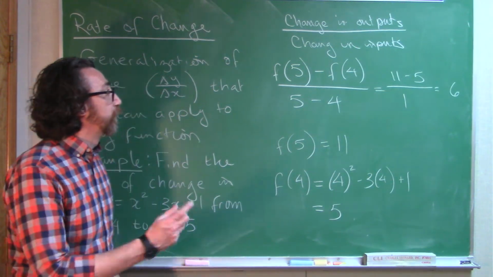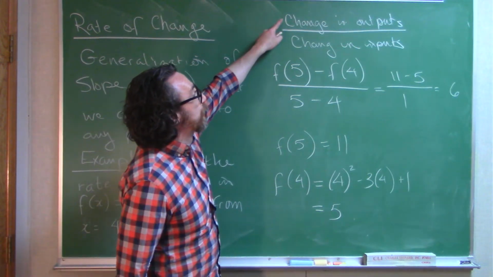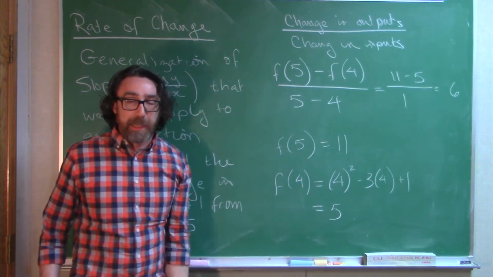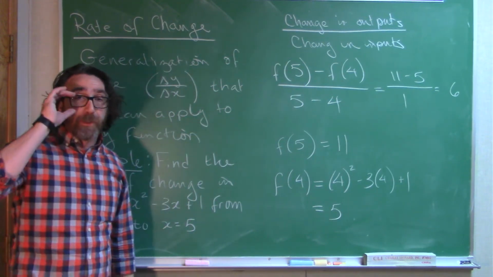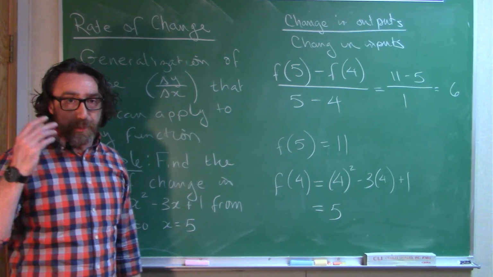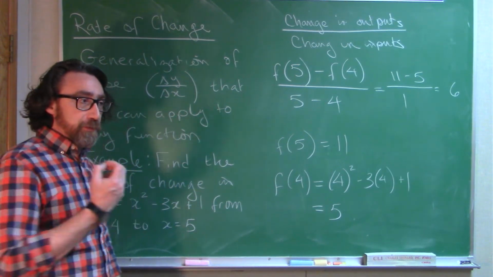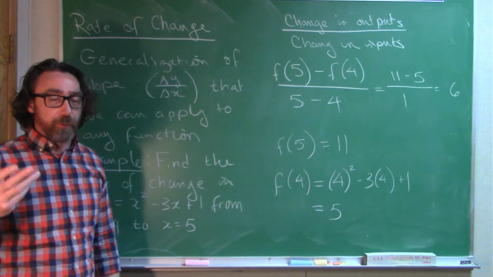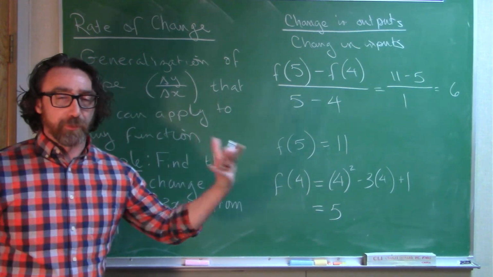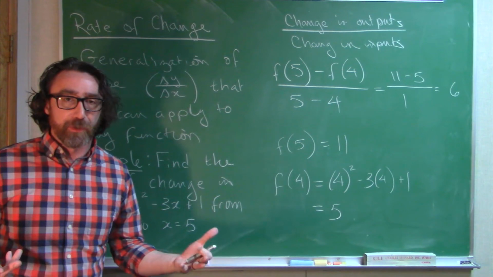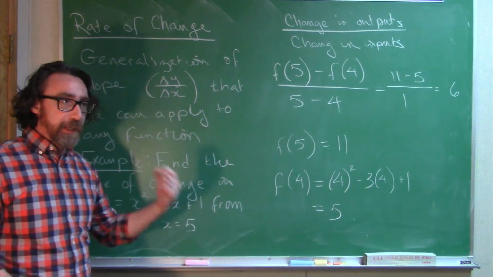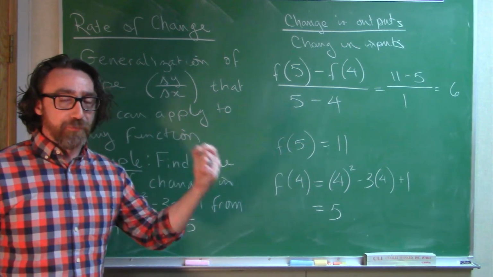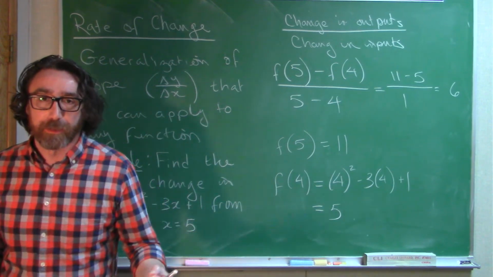Okay, so this is the basic idea for rate of change. Change in output over change in input. Now, for those of you that go on to study calculus, this business of rate of change is very important. In fact, one of the big calculus operations, the derivative, differentiating a function, is basically trying to tell us how the function is changing.